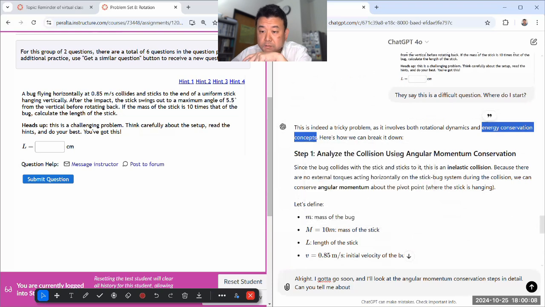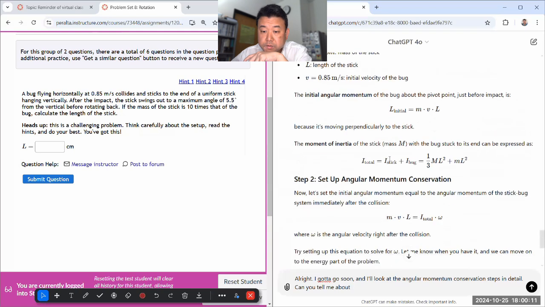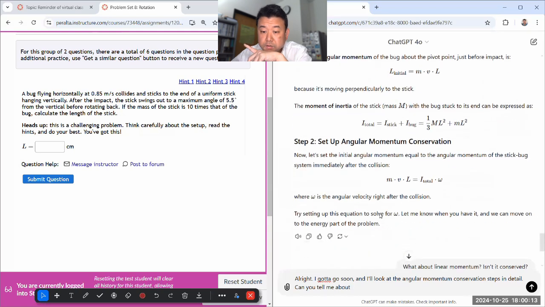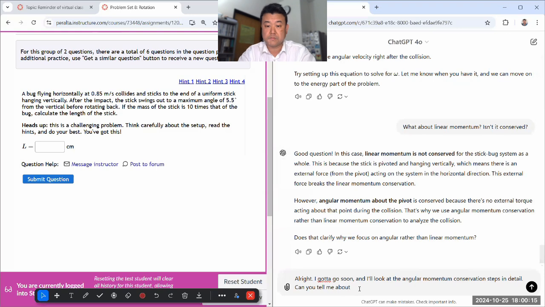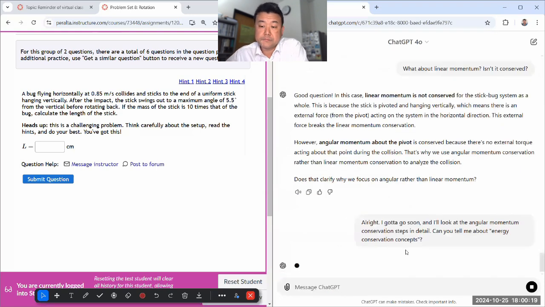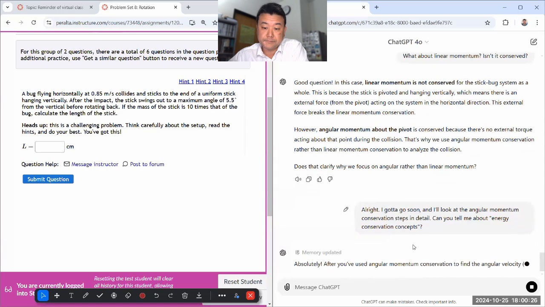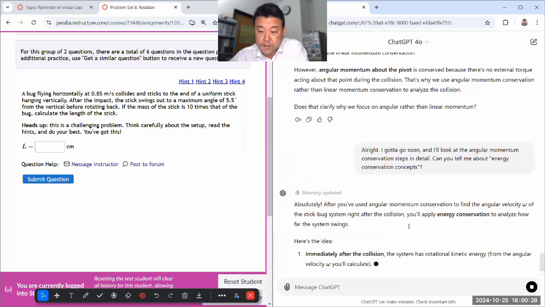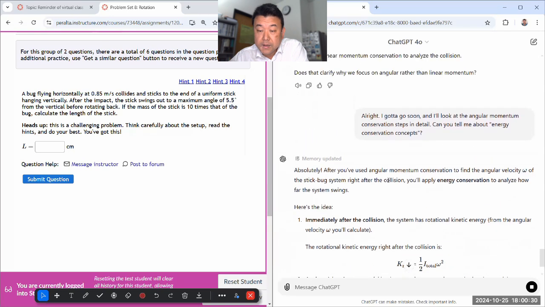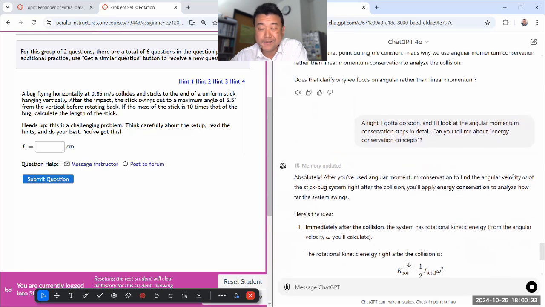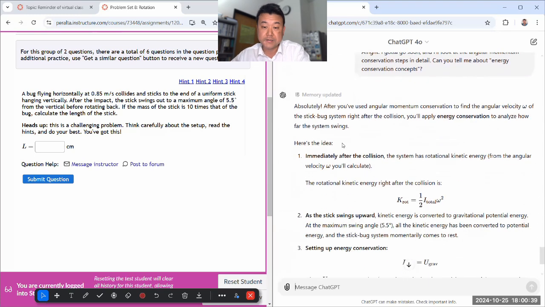Because it only worked through the angular momentum conservation and didn't do the energy. It will probably give those steps. It found omega, but it doesn't give omega directly because of the prompt that we gave before. It'll wait for me to calculate it, but it's giving me what to do in the next steps.